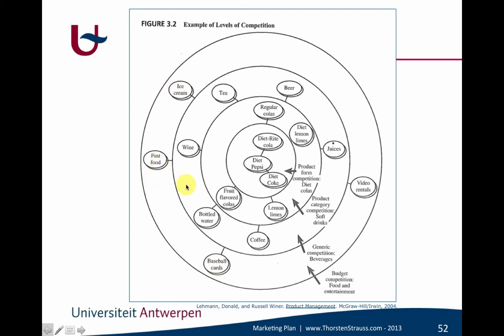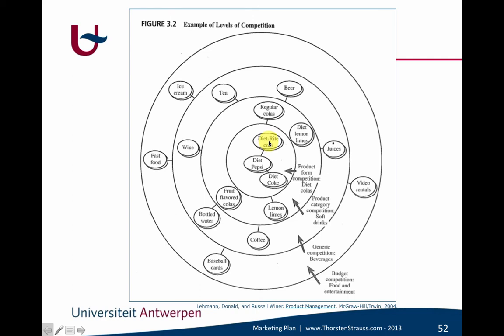Now, you might see that you are competing directly, Coke against Diet Coke against Pepsi, and so on. But actually, when you're standing in front of a movie outlet, you are maybe not competing against the other beverage, but you are competing against popcorn.